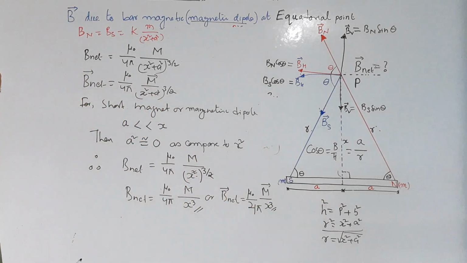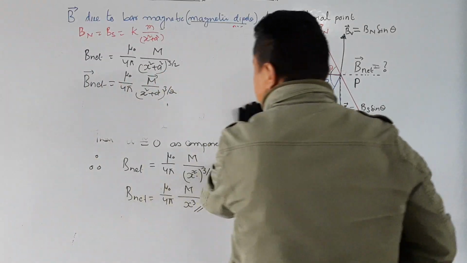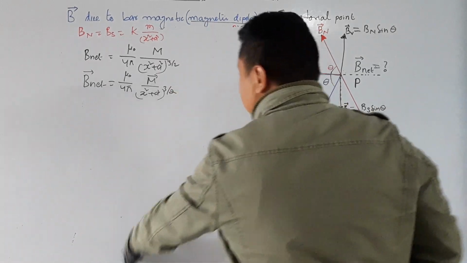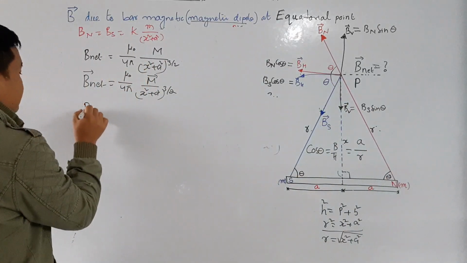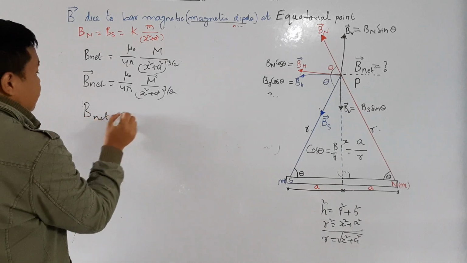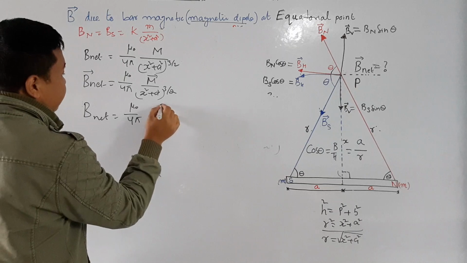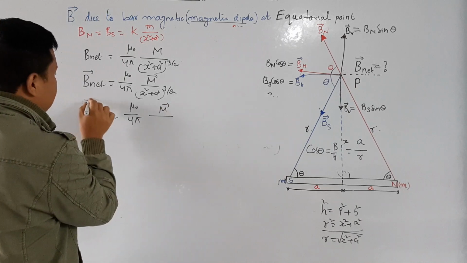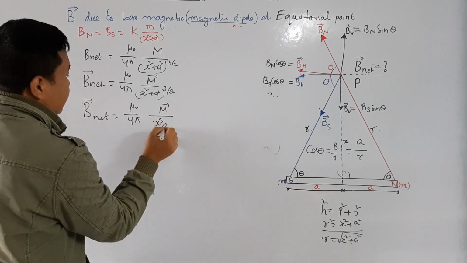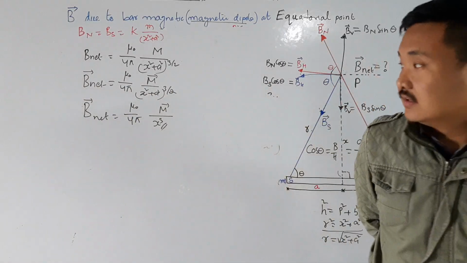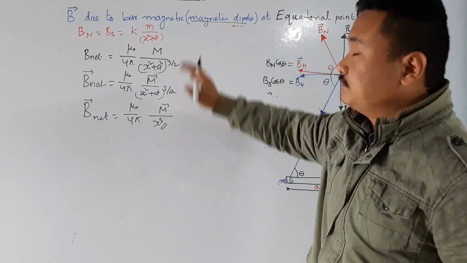So this is the magnetic field for a short magnet. We got the net magnetic field for short and for long.